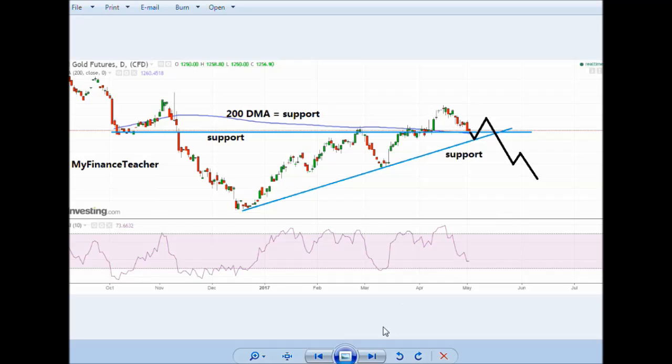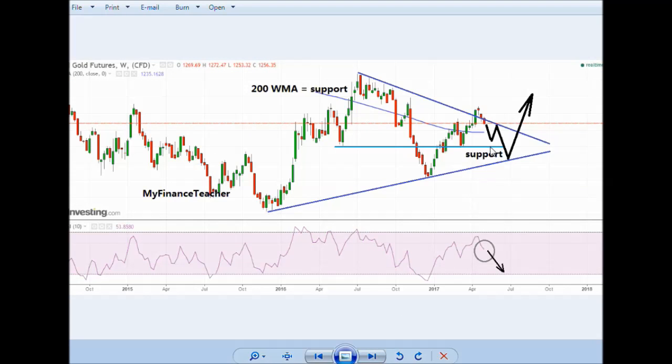Or a scenario plays out where gold continues to decline until we reach close to 1220 or 1200 and then get another bounce, reaching this downward trend line, and after that bounce continuing the declining phase of this intermediate cycle. Whichever scenario plays out, it is not critical.